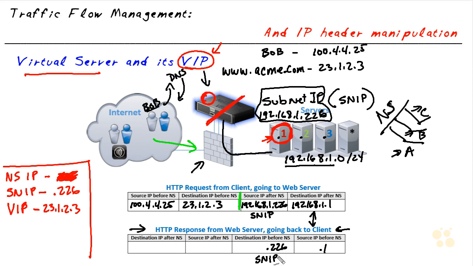Then when the NetScaler gets that, it's then going to rewrite the headers for the source and destination, and it's going to send it back to Bob, sourcing it from the VIP.